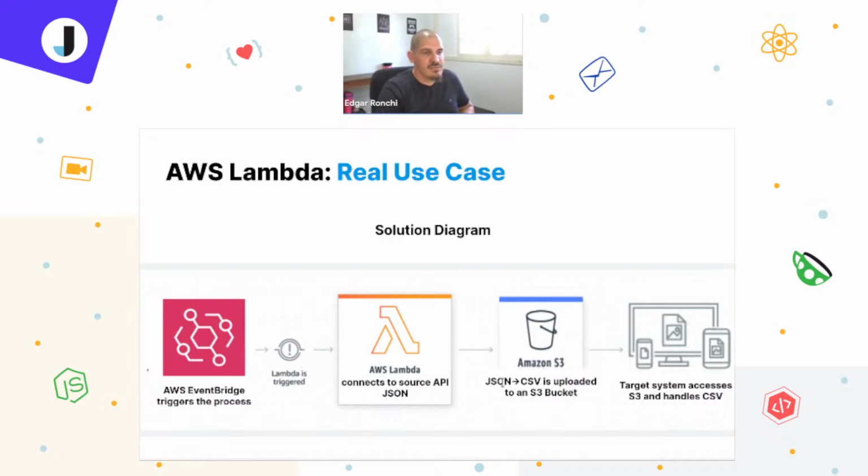This implementation will transform the JSON into CSV because the target system needed a CSV file to work. And then at the end, the target system can access this CSV file in an S3 bucket and do whatever it wants.